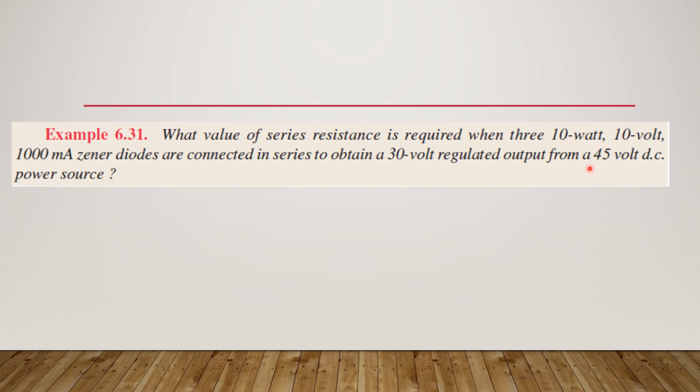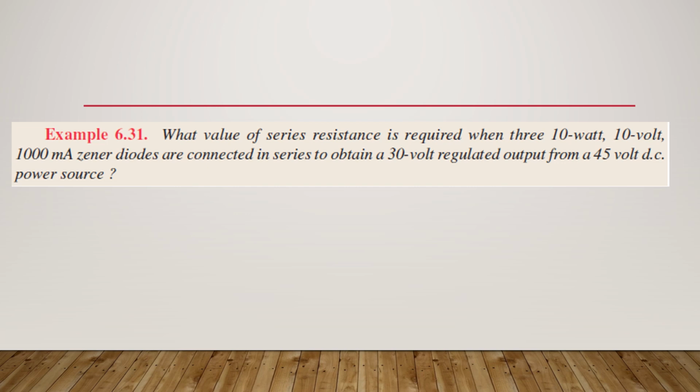Okay. So here your input is a 40 volt DC power source. The value of the series resistance which has to be added when 3 Zener diodes with this rating, 10 watt, 10 volt, 1000 milliamp, are connected.